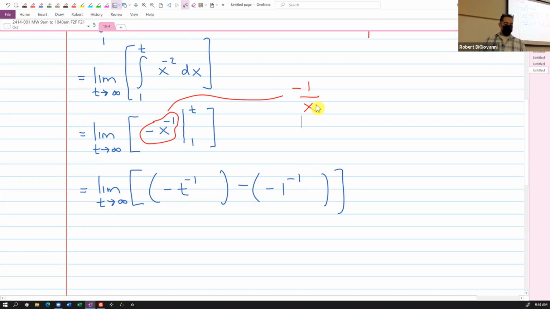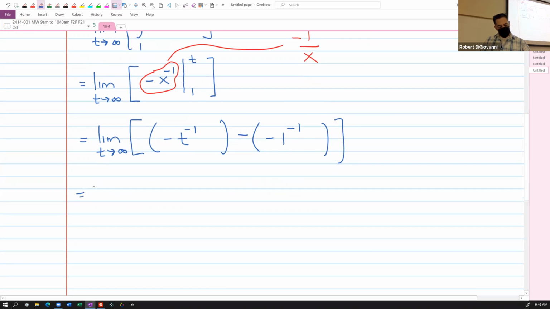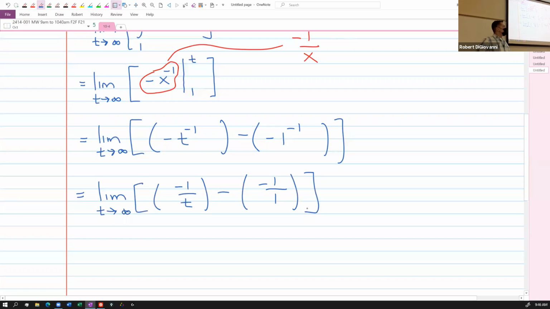Now, I did that on purpose. So instead of looking at this, let's just write on the next line so that we're all clear that this is negative 1 over t, then minus negative 1 over 1. Okay. Now, let's do this right here.